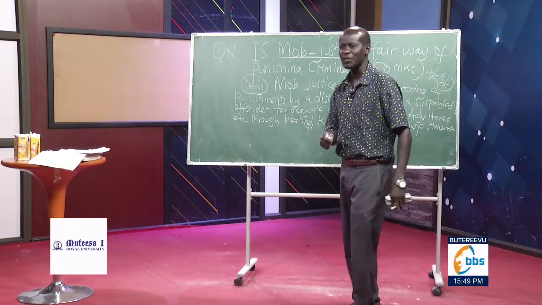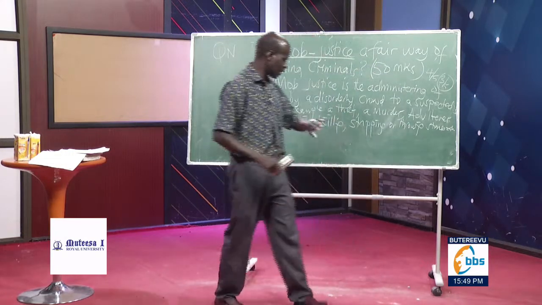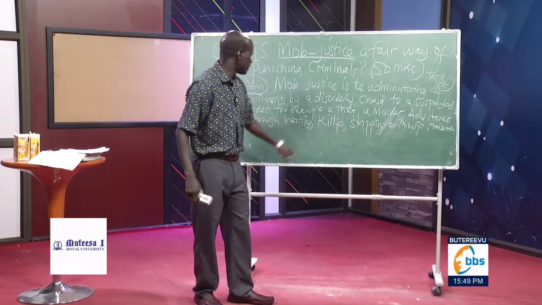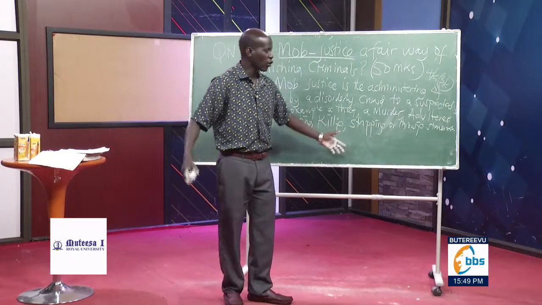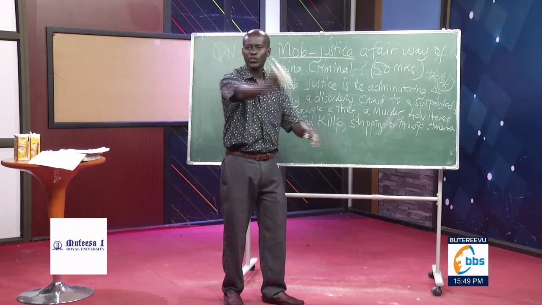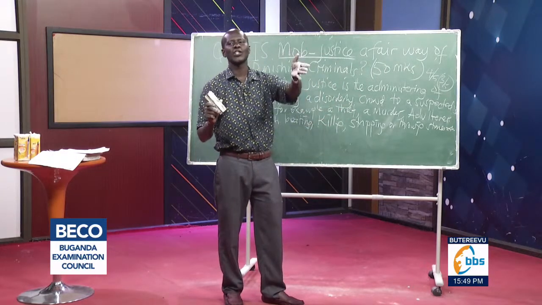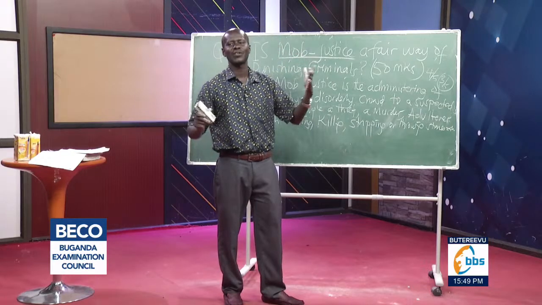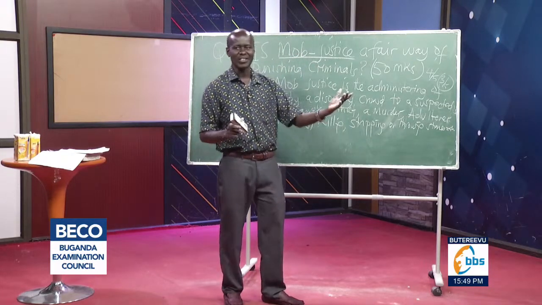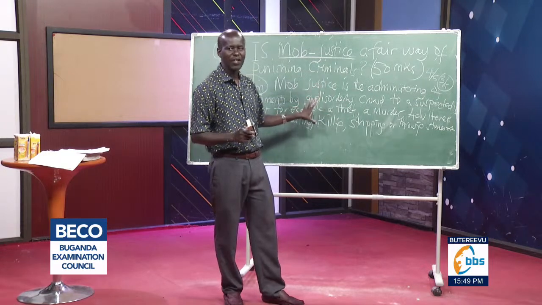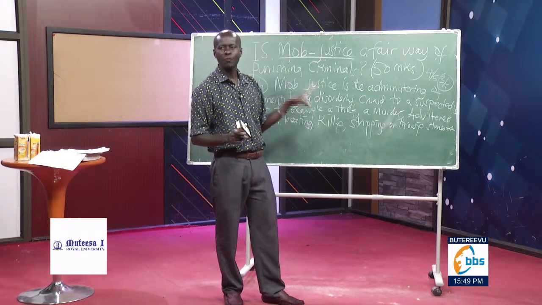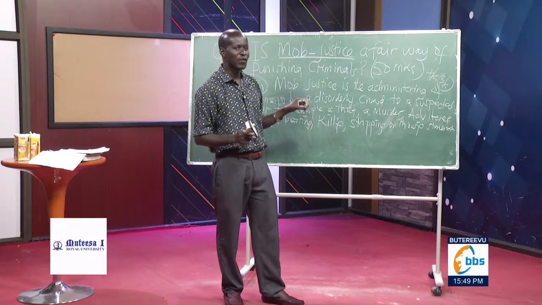They just get sticks and they beat you. You're stripped naked, they remove your clothes, or they throw stones. Anything they get, they'll throw at you. When they throw a stone at you from a distance, it hits your head or part of your body, and at the end of the day, you're finished. So this is the kind of definition that we will always look forward to in a piece of essay.